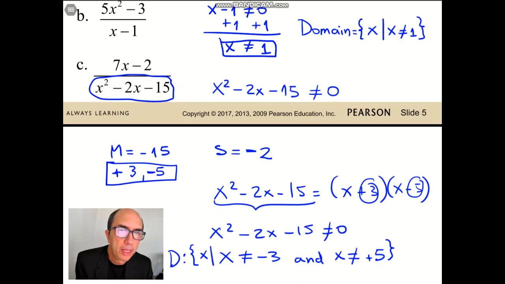So simply to state in a very simple manner, to find the domain, you're going to make the denominator of the rational function different from 0 and find what are the numbers that you have to avoid, that you have to exclude from the domain. And you're going to exclude these numbers because they make the denominator equal to 0.